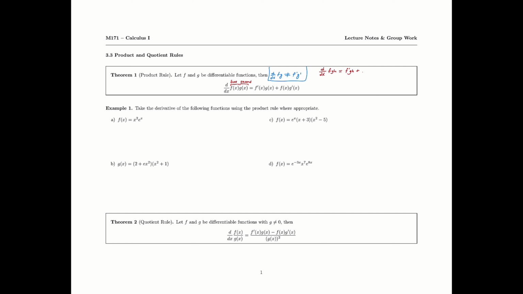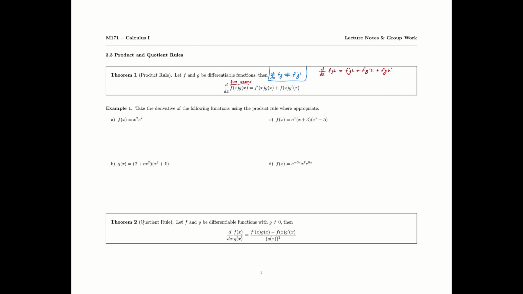Plus, well, we did the first, so this time let's differentiate the second, and then we'll leave the first and the third functions, f and h, alone. Lastly, we have to take care of h, so we'll leave f and g, the first two functions, alone, and we'll differentiate the third one, h. So really, at any given time, you're just differentiating one of the terms of a product, leaving all others alone.